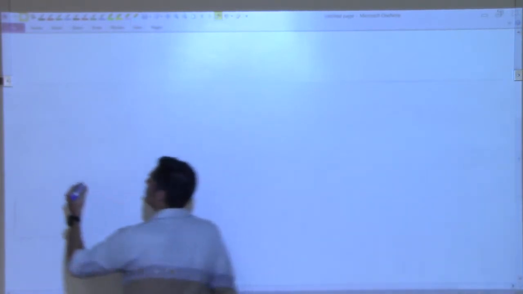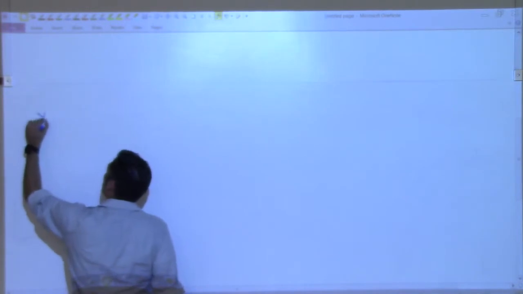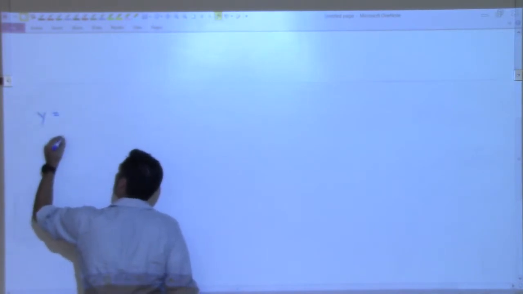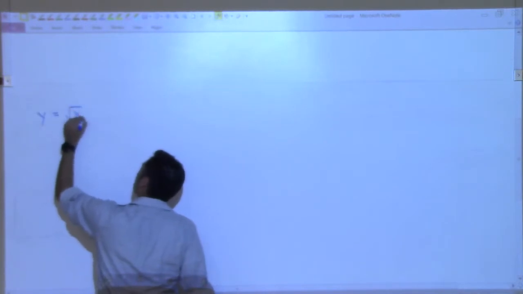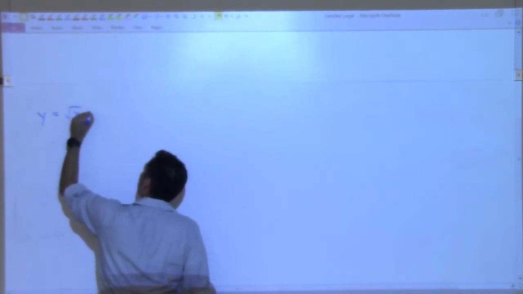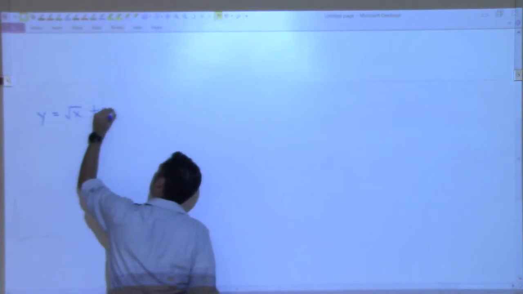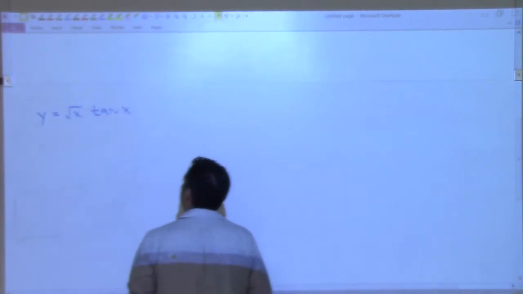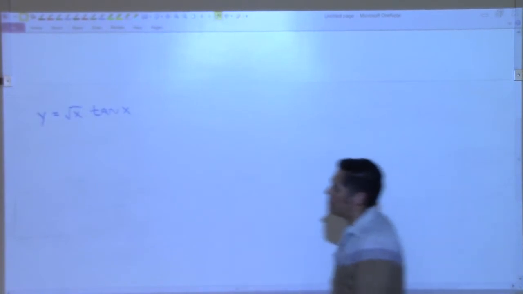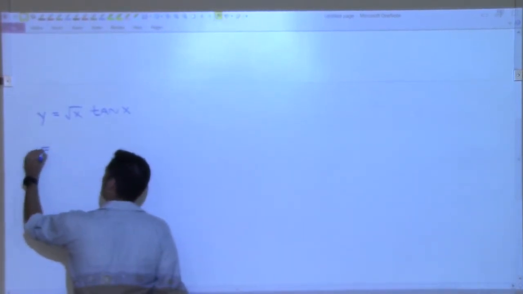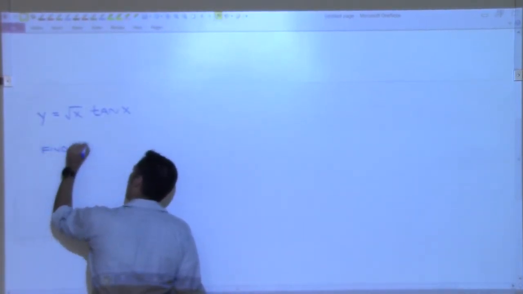How about this? Let's say y is equal to square root of x times tangent x. What I'm asking for here is for you to just find y prime.